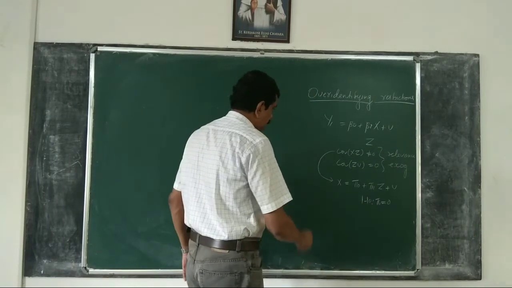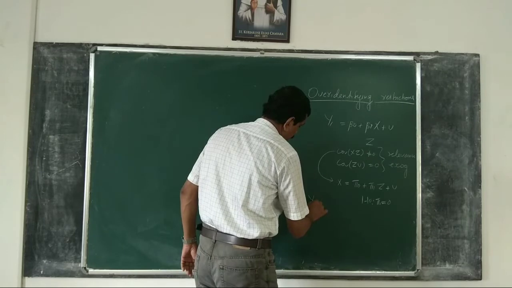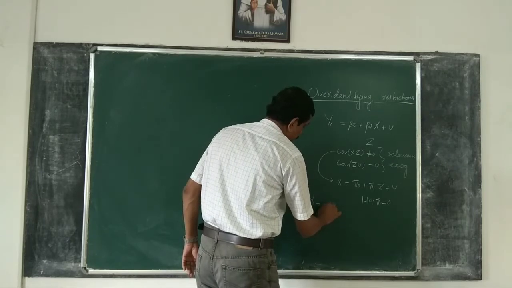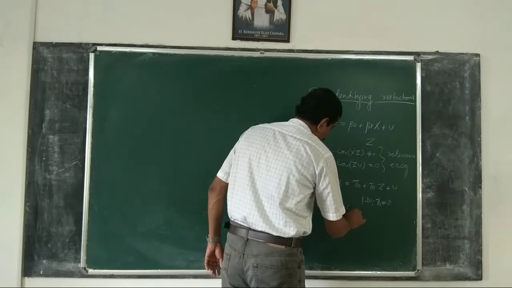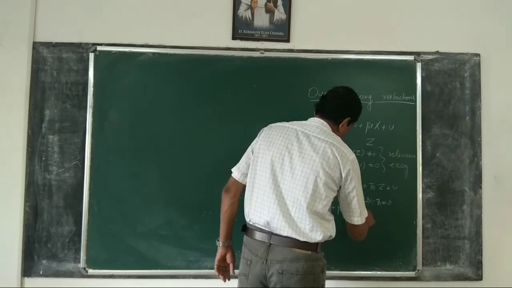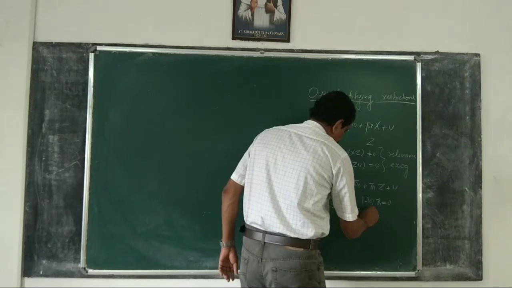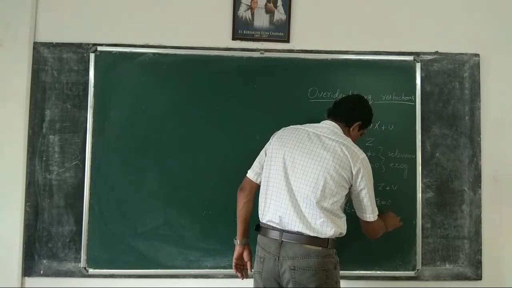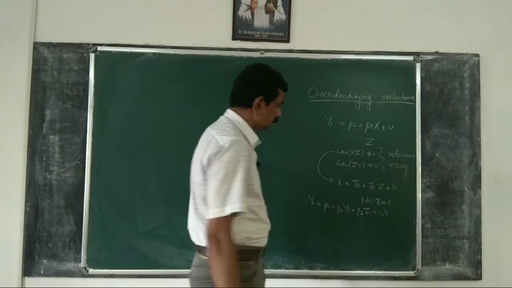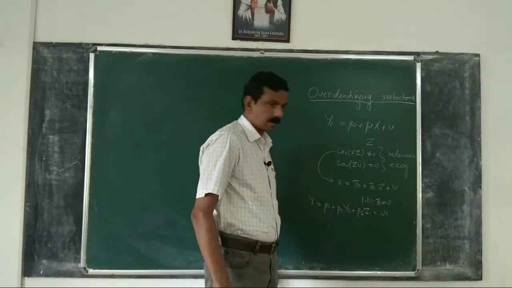Now, suppose that you have a multiple regression model, y1 is equal to beta 0 plus beta 1 y2 plus beta 2 z1 plus u1, a multiple linear regression model.